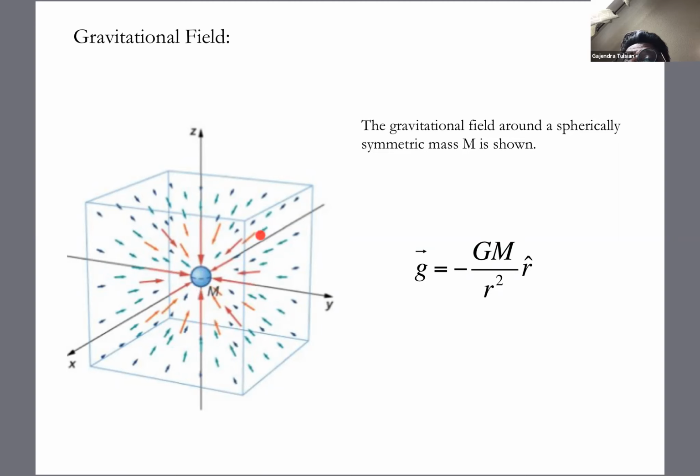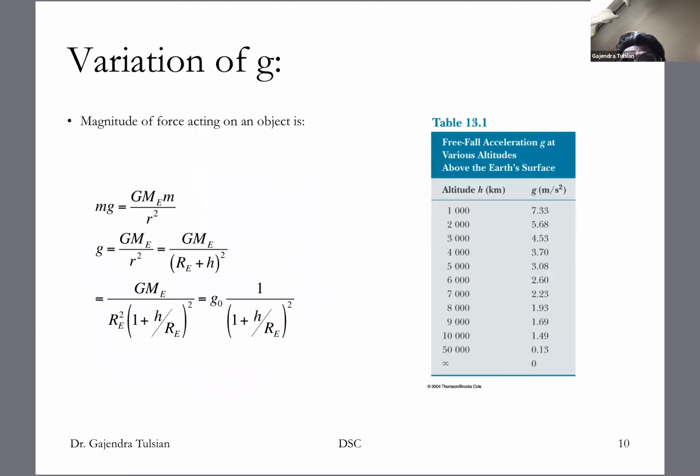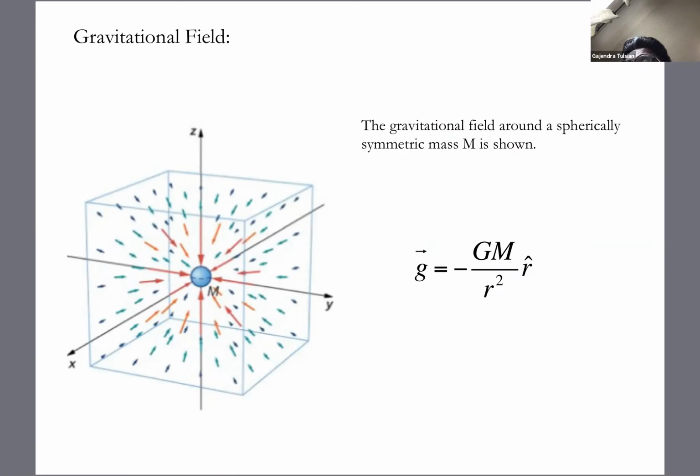And this would give you the magnitude of the acceleration at that distance. So you see, the further away you go, the acceleration due to gravity gets smaller and smaller, and we saw that in the table before. These arrows are just showing you the direction of the acceleration. So you saw that as the altitude increased, the acceleration due to gravity decreased, and that's what this is showing you.